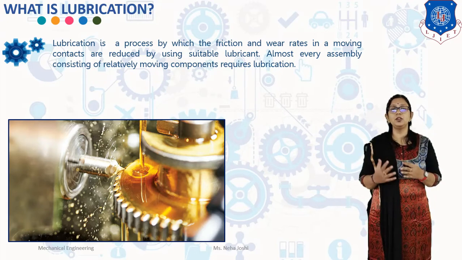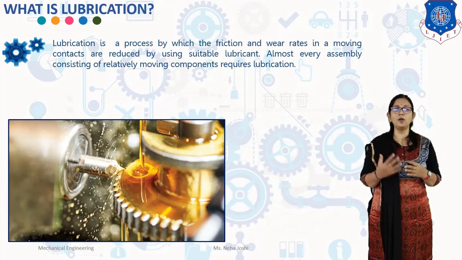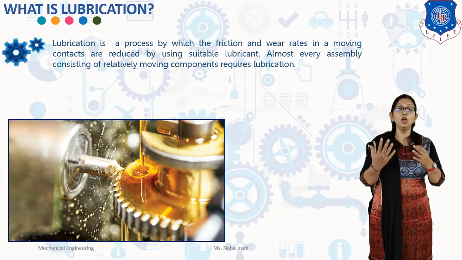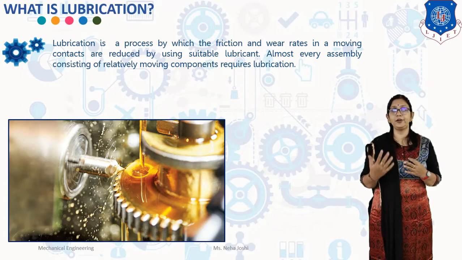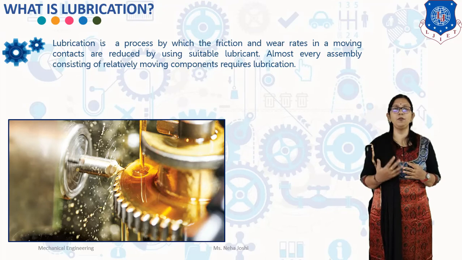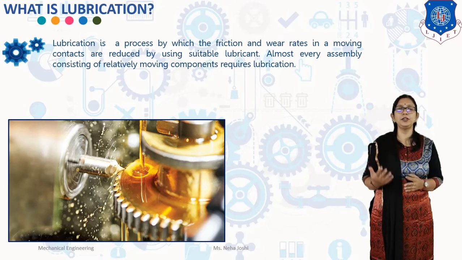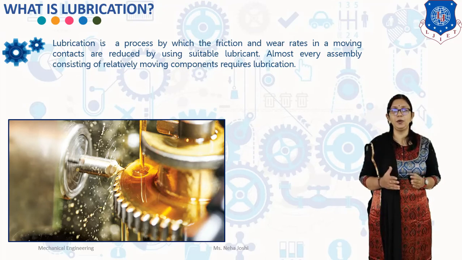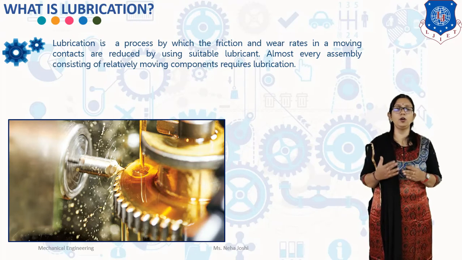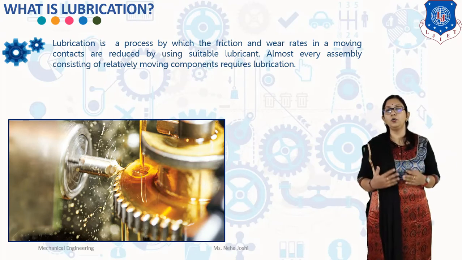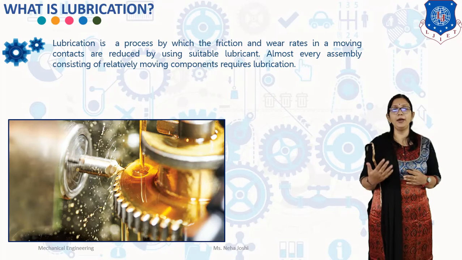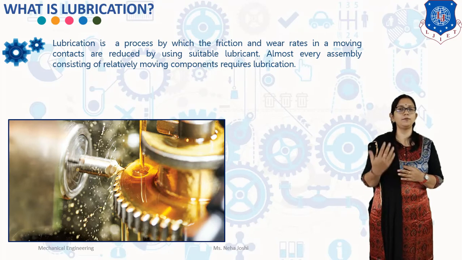So the action of liquid or grease is known as lubrication. A lubricant is a substance introduced between the relatively moving parts to reduce friction and wear rate. The lubricant decreases the adhesion component of the friction to a greater extent compared to the abrasion component of the friction.